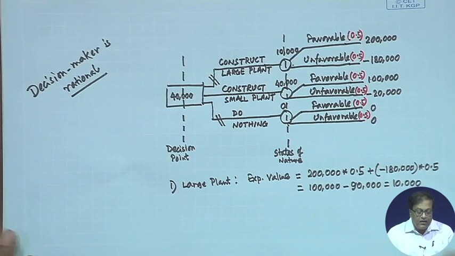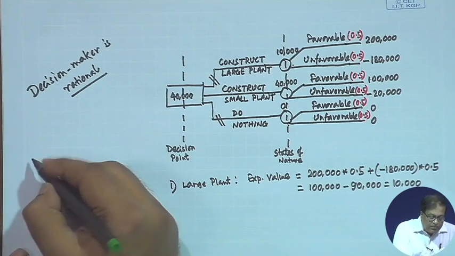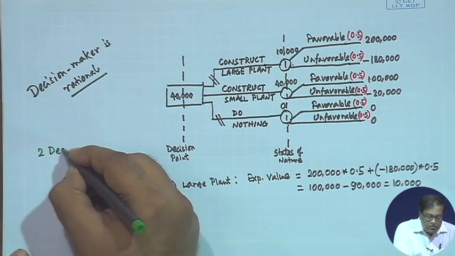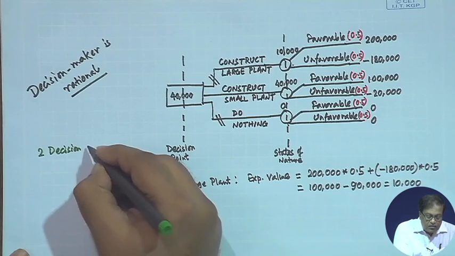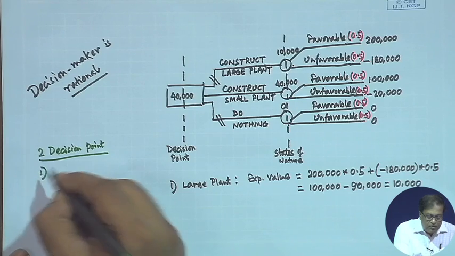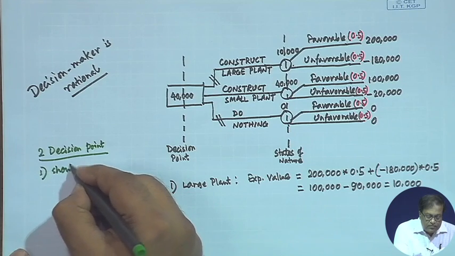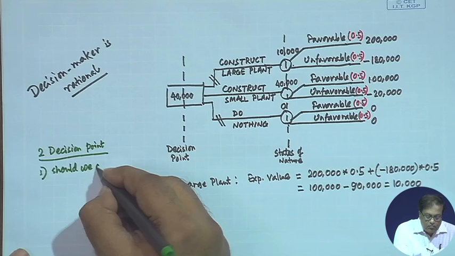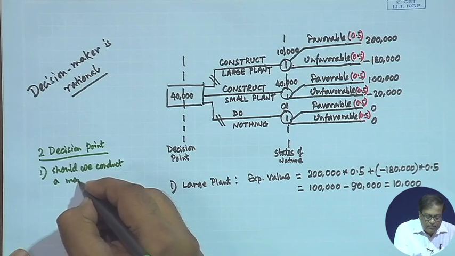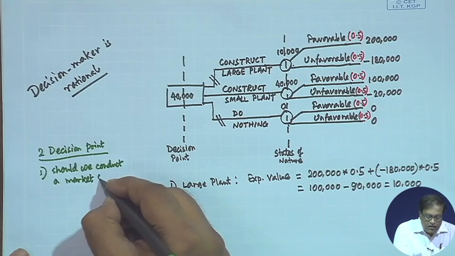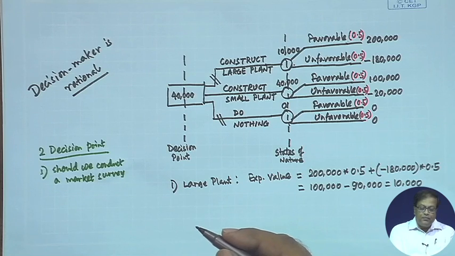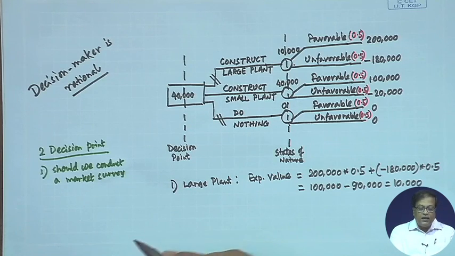Therefore, you see that there are two decision points to really consider. What are those two decision points? The first one, number 1, is should we conduct a market survey? That is the question. Now, if we conduct a market survey, then two types of answers can come.